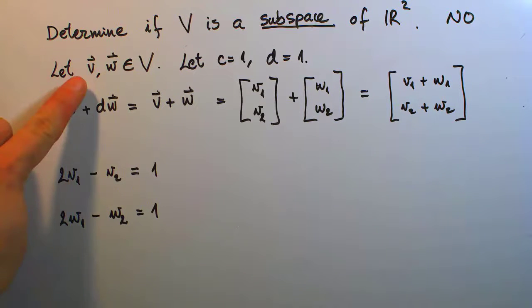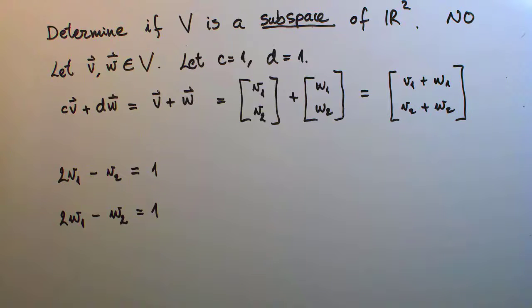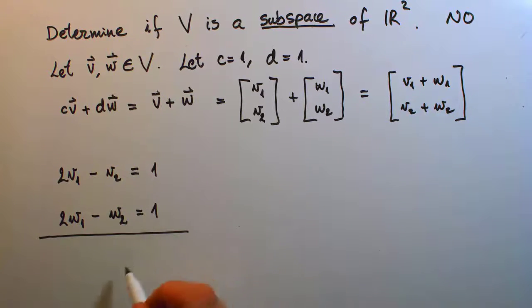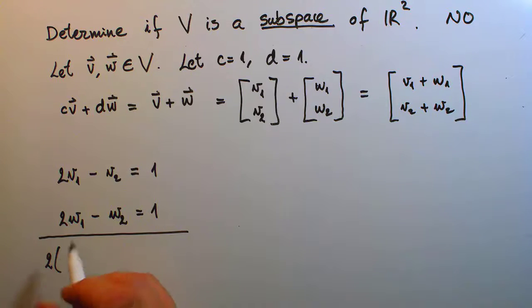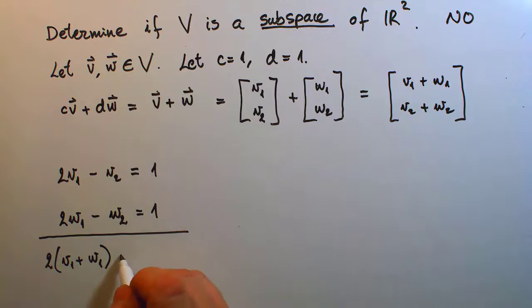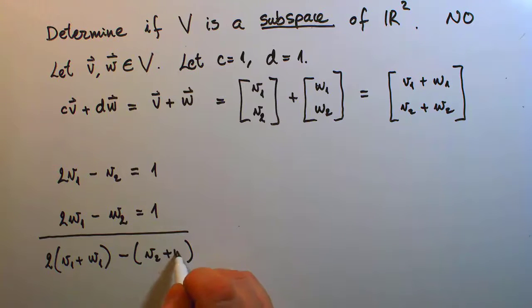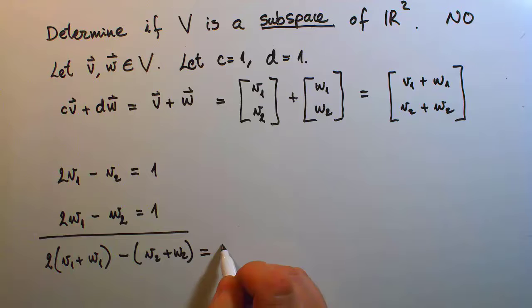It's all because we chose V and W intentionally to be from the set V. So algebraically, the rules of algebra allow us to add the two equations side by side. The left-hand side added together term by term gives 2 times (V1 plus W1) minus (V2 plus W2), and the right-hand side becomes equal to 2.